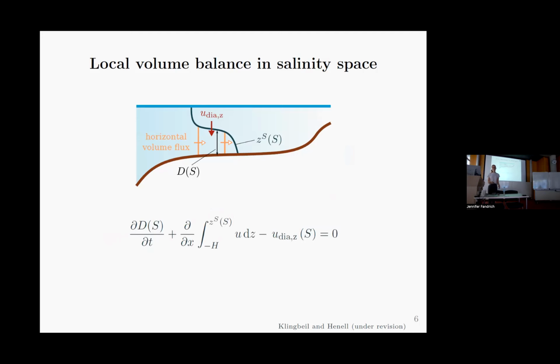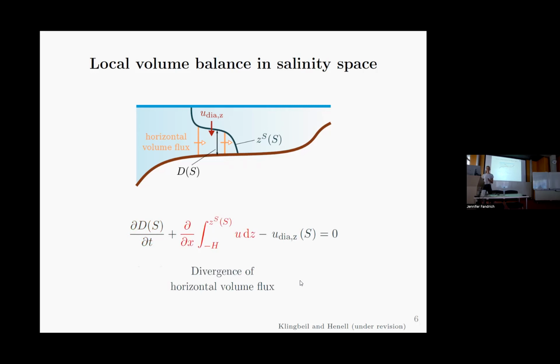So here we have the same terms again. So we have the diahaline velocity that is here at the third term in the equation. Then we have, let's see, I did add some effects. So the first term here is the temporal evolution of the thickness of the water column below the isohaline, and how it changes with time.